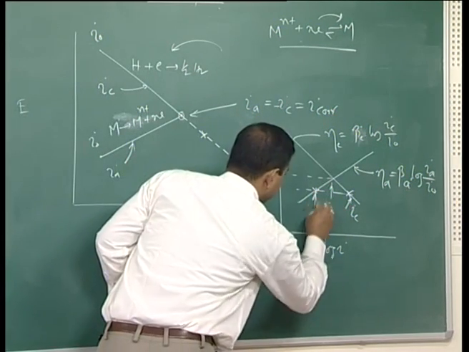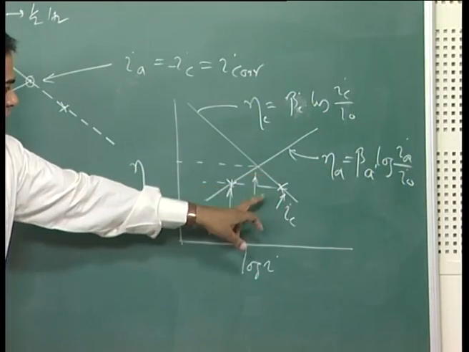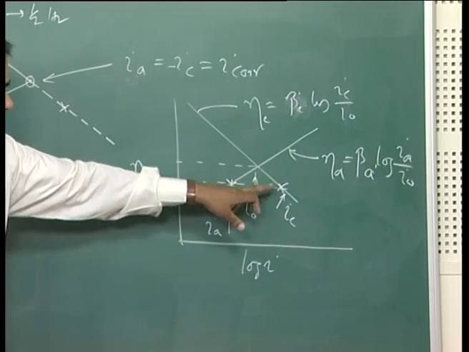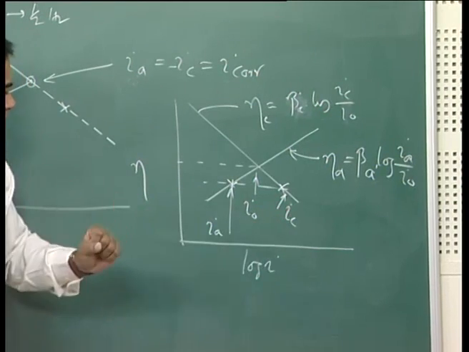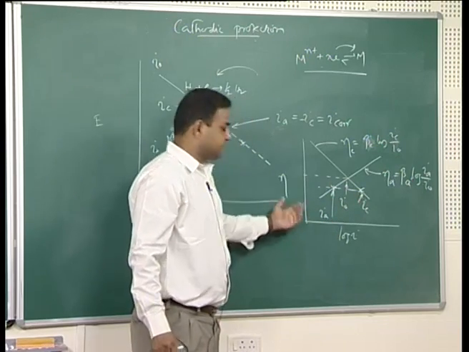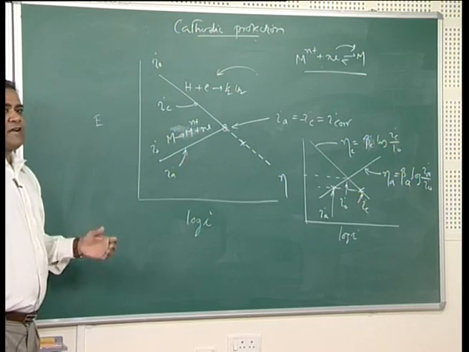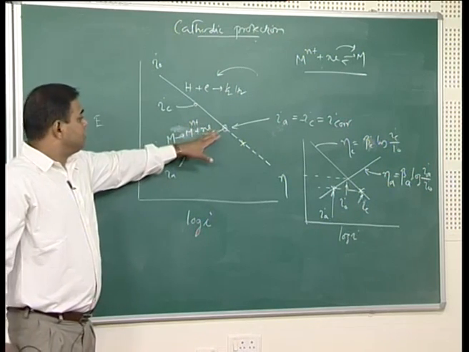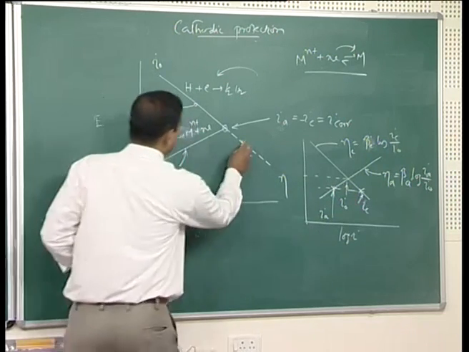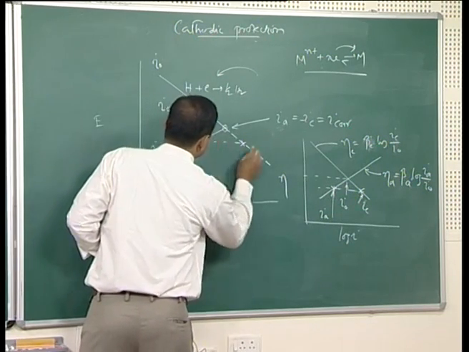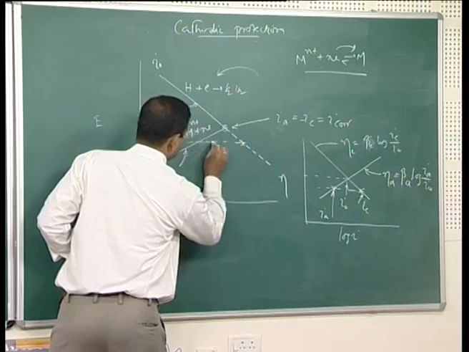Corresponding I A would be this one. If I stay here, my I A would be equal to I 0, but if I come here with a negative polarization because of negative I C, I see that I A is decreasing. If I A decreases, which means that I have much lower rate of this forward reaction. So, if I am here, the corresponding anodic current would be this one.